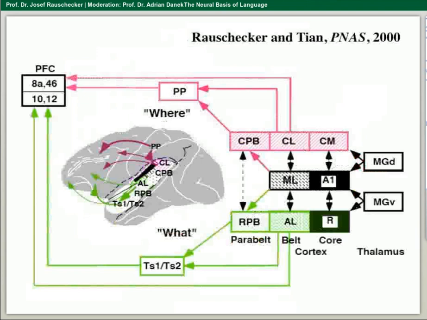And what turned out to be the case is that the neurons that I showed you that are selective for complex sounds and could be used for something like speech processing sit mostly in these anterior regions. So area AL was particularly sensitive to the type of call that we used, whereas CL turned out to be more interested in the location where we presented the sound.